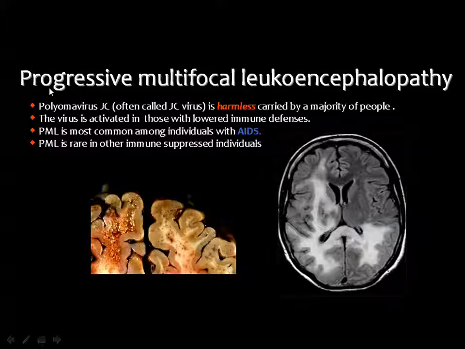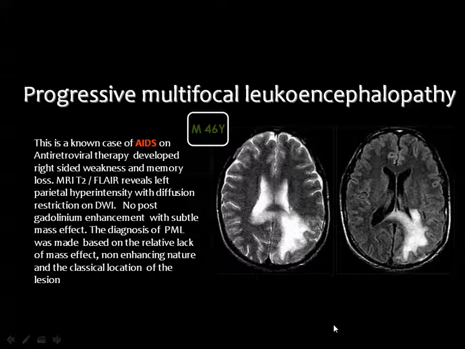From its name, progressive means rapidly advancing, multifocal, too many lesions, leukoencephalopathy, abnormalities in the white matter. And then you see here abnormalities in the white matter more prominent on the right hemisphere, and these abnormalities are commonly located in the temporooccipital area in most of the cases, but it can affect any part of the brain.